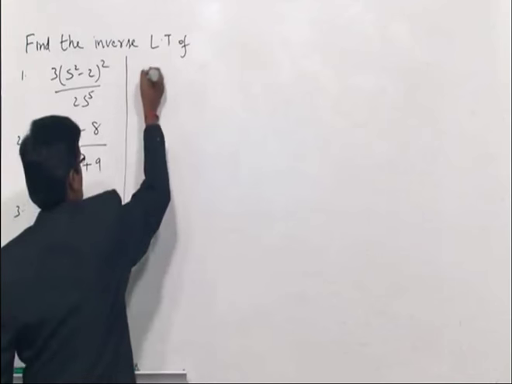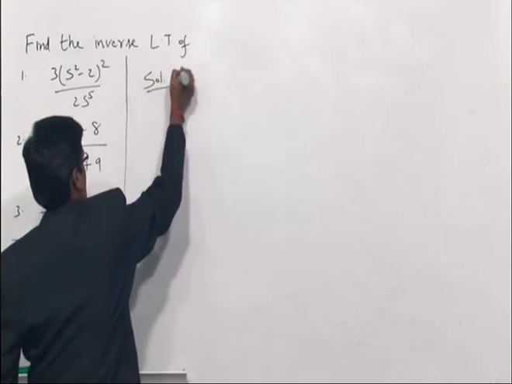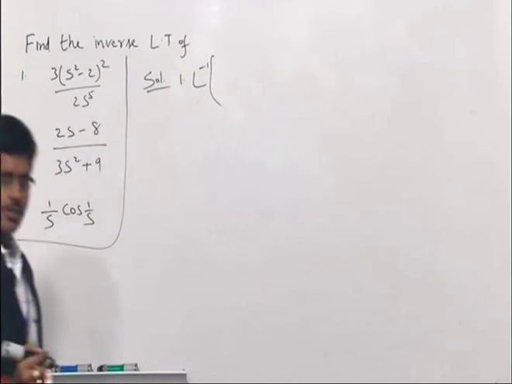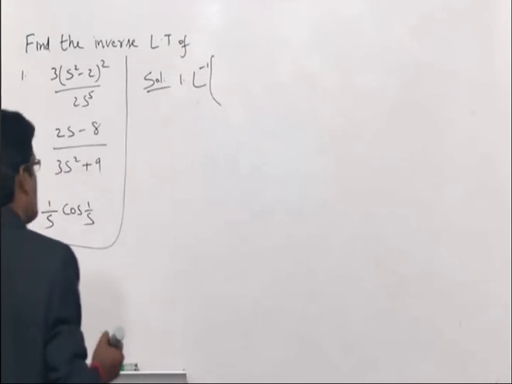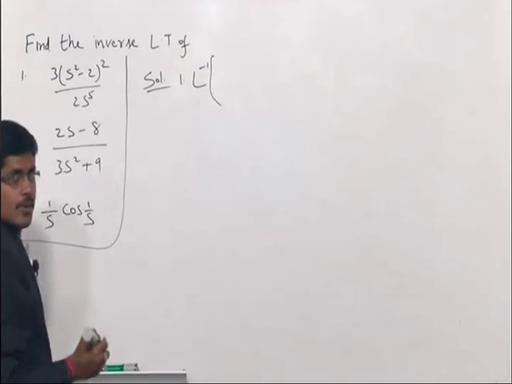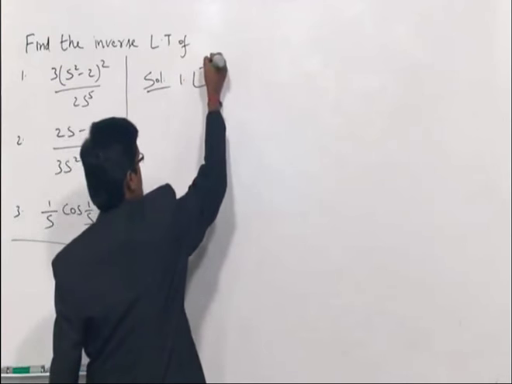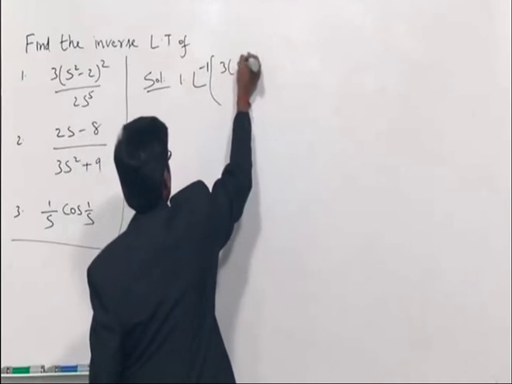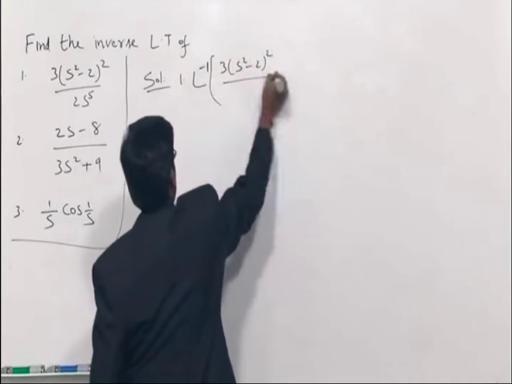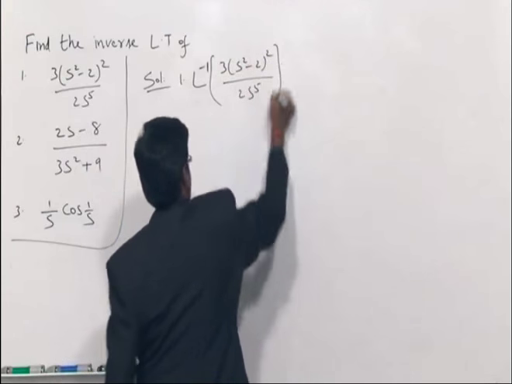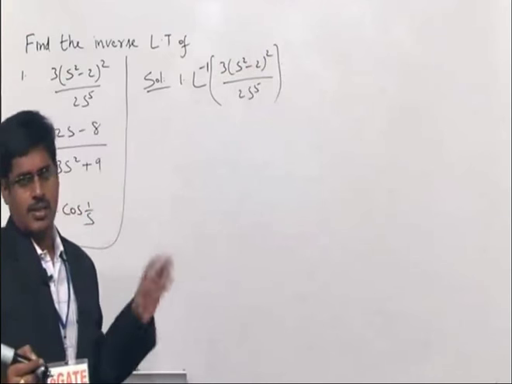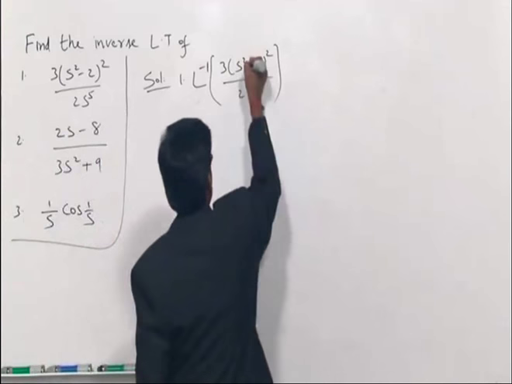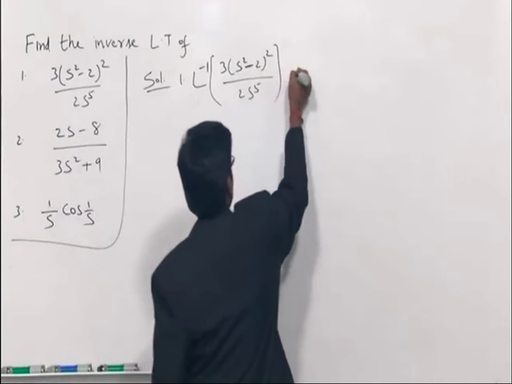Solution. First one, using standard formulas and simplifications, algebraic formulas, trigonometric formulas, if any applicable, apply. Three times (s square minus 2) whole square by 2s power 5. First, the common constant, whenever a constant is multiplying, keep outside. That tells that linearity.